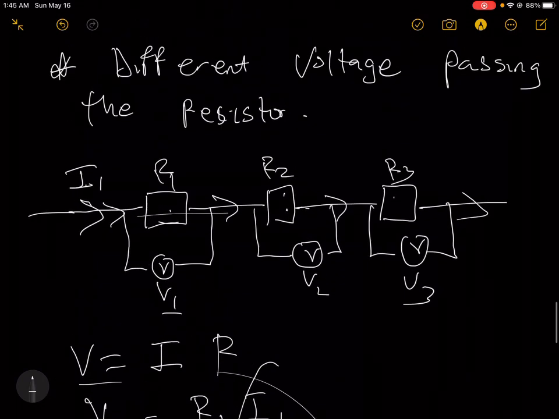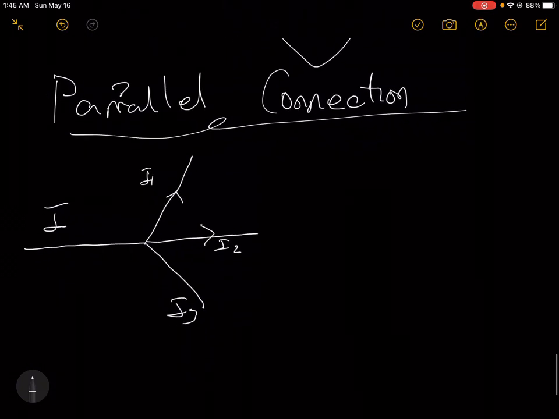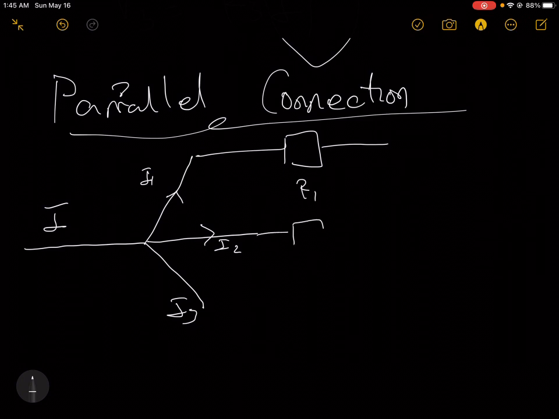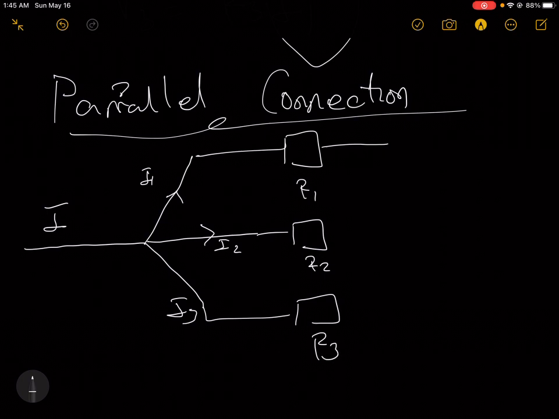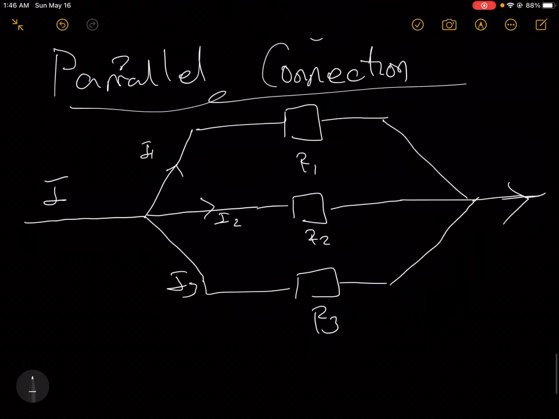In series, the same current goes through everything, but in parallel connection, the current I divides into I1, I2, I3. So we have this resistor here, R1, this resistor here, R2, and this resistor here, R3. So this is an example of parallel connection.